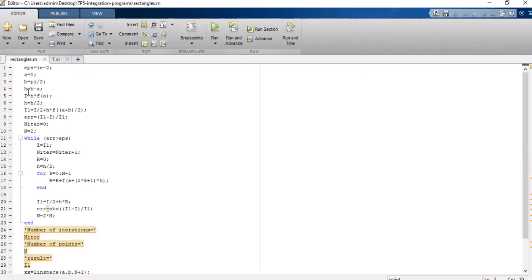So h is equal to b minus a, I is equal to h f of a. h is equal to h over 2, so I divide by 2. I1 is equal to I over 2 plus h f of (a plus b) over 2.